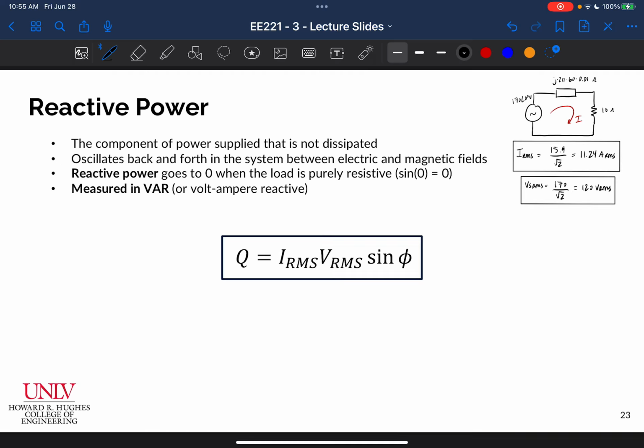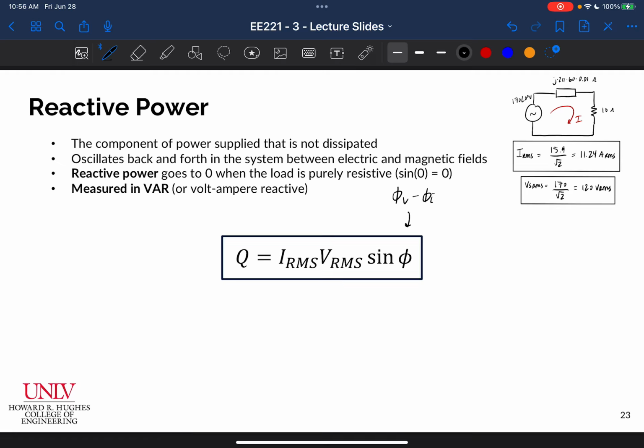Okay, when we have a purely resistive load, like we did much earlier in the module, the reactive power goes to zero because the phase shift between the voltage and the current, which is this same phi, goes to zero. And if that phase shift goes to zero, the sine of zero is zero, and the entire Q goes to zero, and we have no reactive power, right?